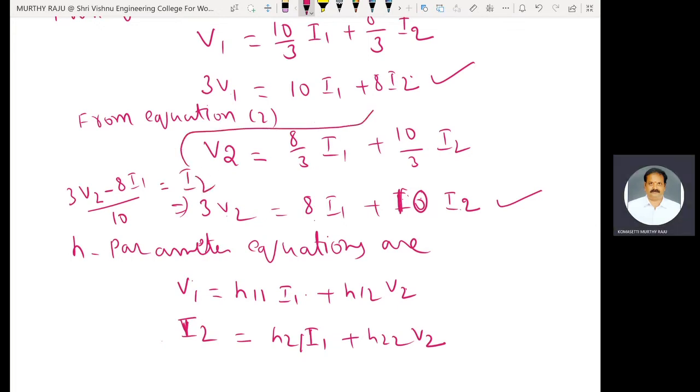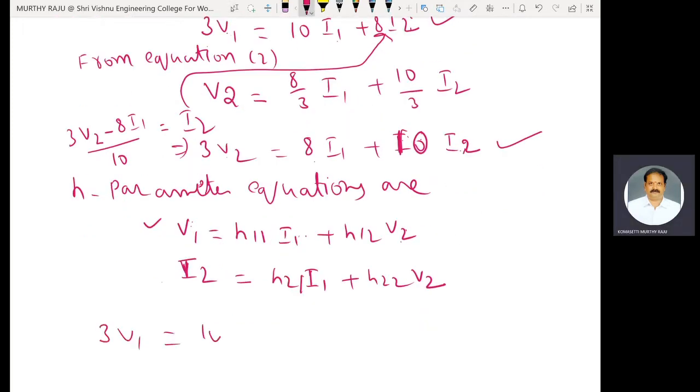This I2 value is substituted in the first expression, and we will get V1, I1 and V2.